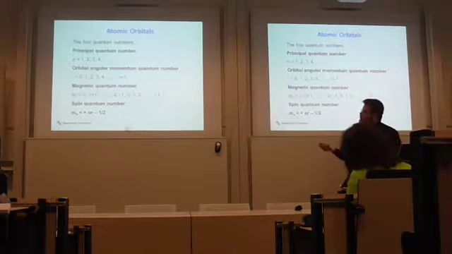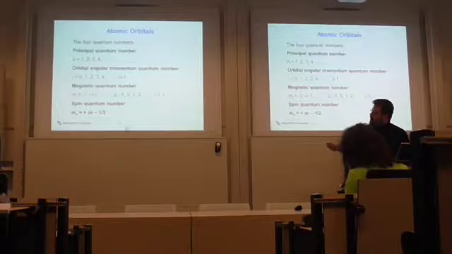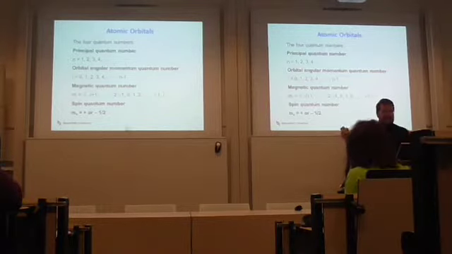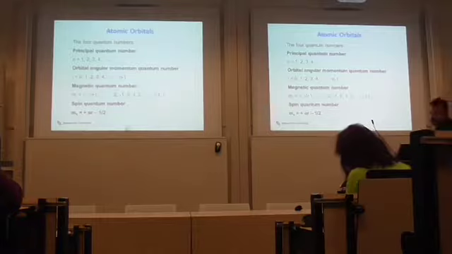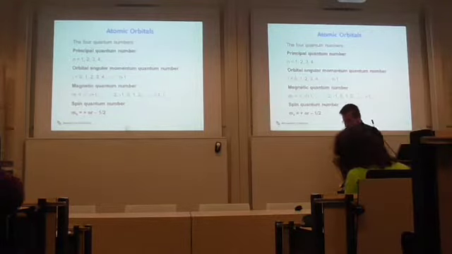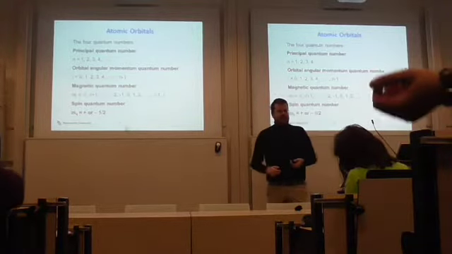So let's start off with the principal quantum number. We define it with a symbol n, italic n, and it can have values from 1 up until infinity, in principle: 1, 2, 3, 4, 5, all the way up. Now, we're going to get our teeth stuck into what these quantum numbers actually mean, but I just want to define the parameters first.